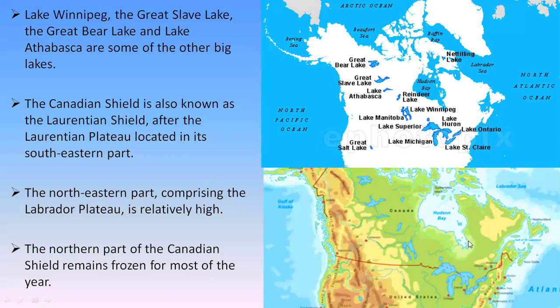The northeastern part comprises the Labrador Plateau, which is relatively high. This yellowish part over here, the north part of this Canadian Shield, the northeast side, is called the Labrador Plateau.